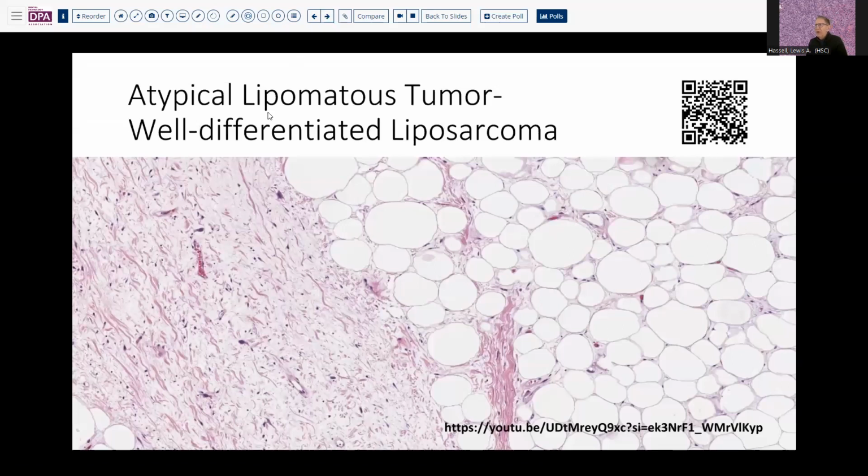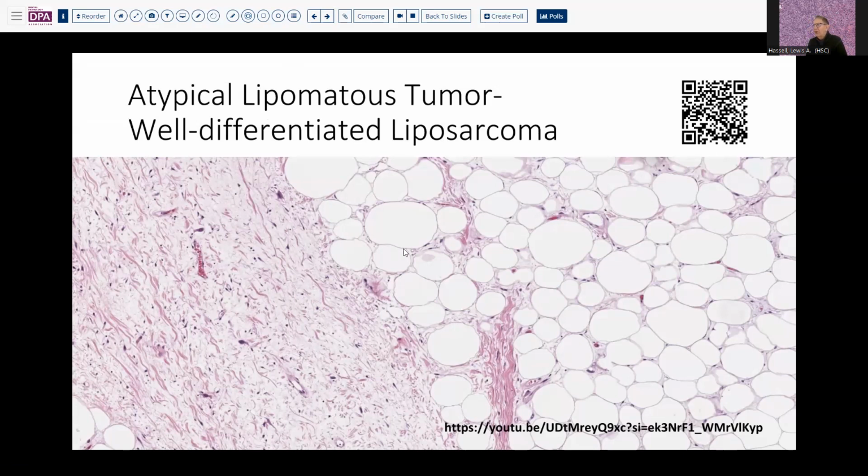So let's begin here with atypical lipomatous tumor or well-differentiated liposarcoma. There is a nice little video, which I'll put in the link as well. But the characteristic thing to consider here is, technically speaking, this is really not a fat-derived tumor.